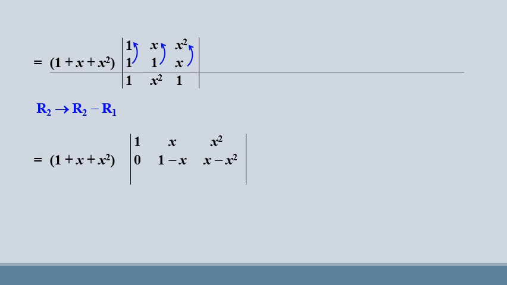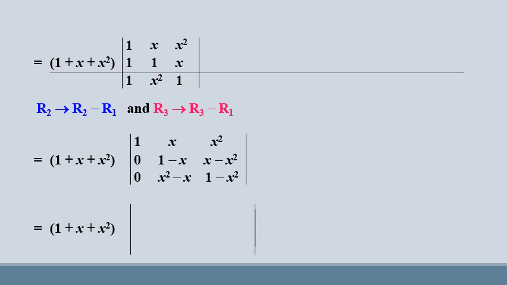Next, second element minus second element, we get 1 minus x. Third element minus third element, we get x minus x square. Next we apply the property on the third row: R3 implies R3 minus R1. 1 minus 1 again we get 0, then x square minus x, and 1 minus x square.